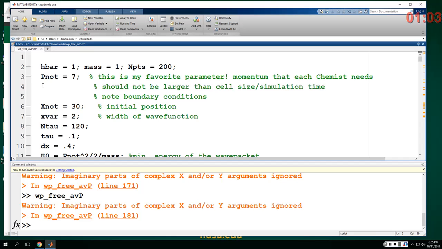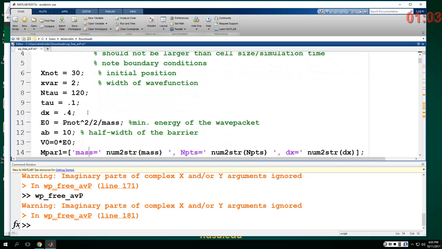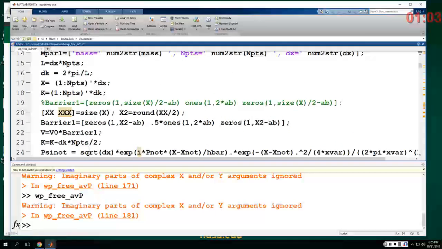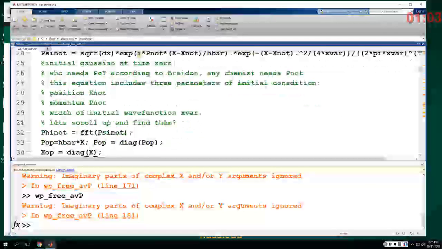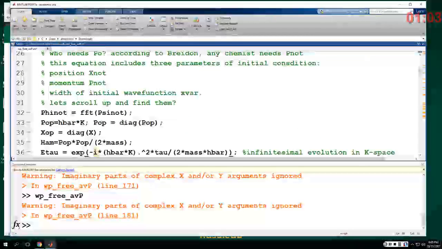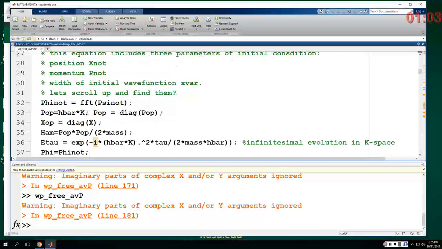So the variable, or it will be a matrix for momentum, will be px. So let's scroll for px and see. P operator.